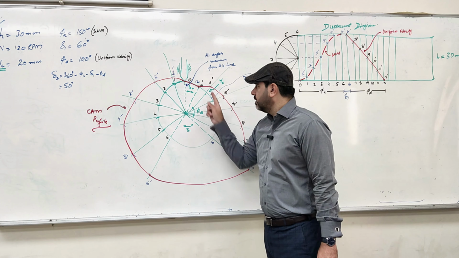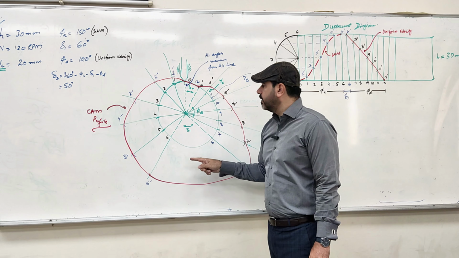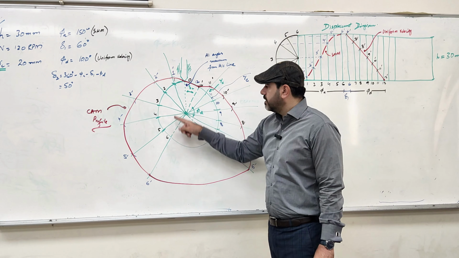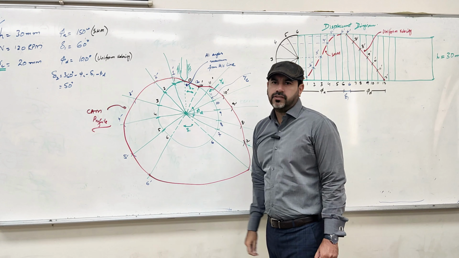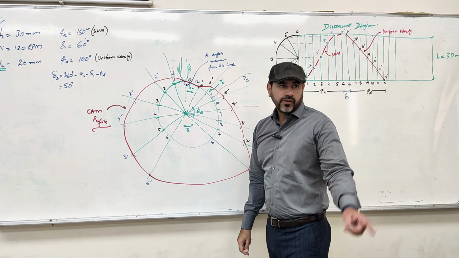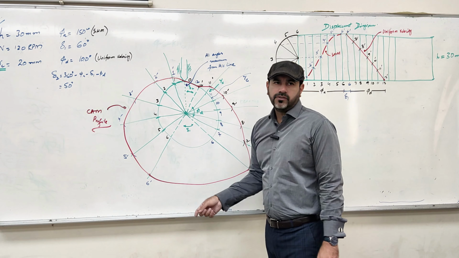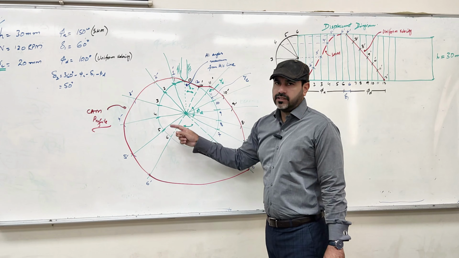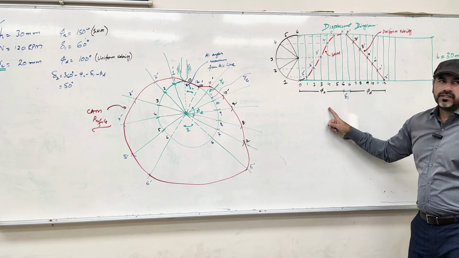Once we draw this RC, minimum radius of the cam, and then we have this division phi A, we decided to have 6 divisions, we divide it into 6 divisions. Okay, you can do the divisions very quickly through compass, or it's up to you if you want to use the protractor to measure the angles. Once you do 6 divisions, you come over here and 6 divisions.